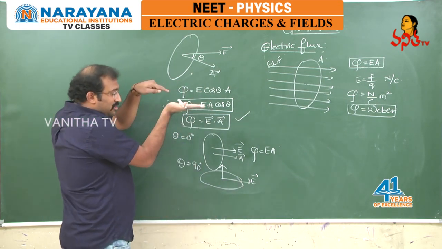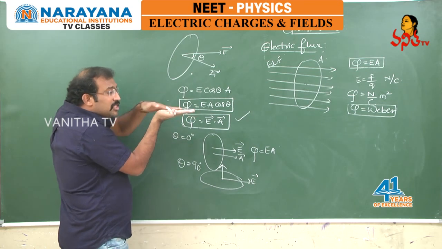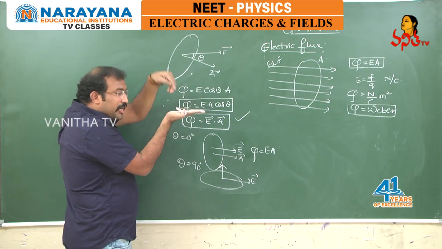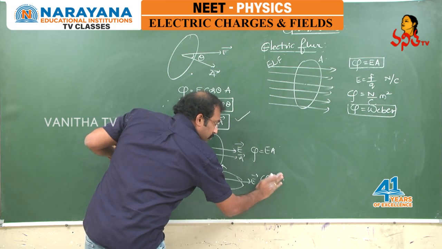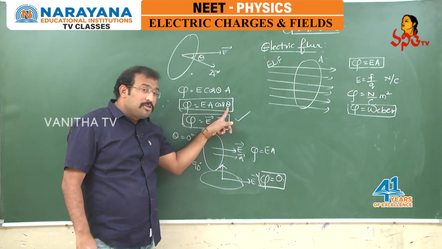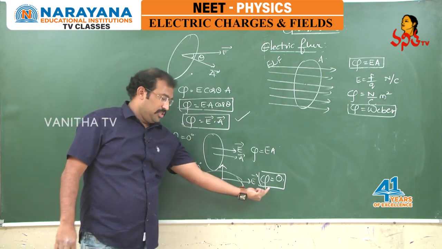The field lines are passing along the plane of the surface. No field line is entering into the surface. So the flux through the surface is 0, because theta is equal to 90, so EA cos 90 is equal to 0.